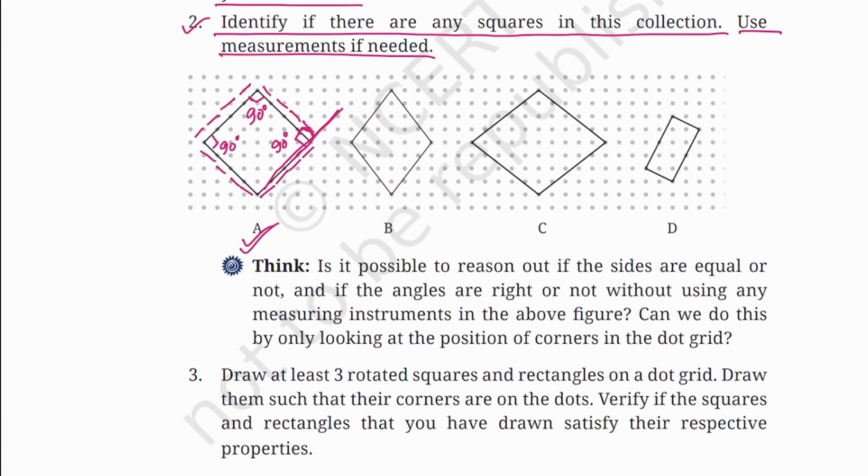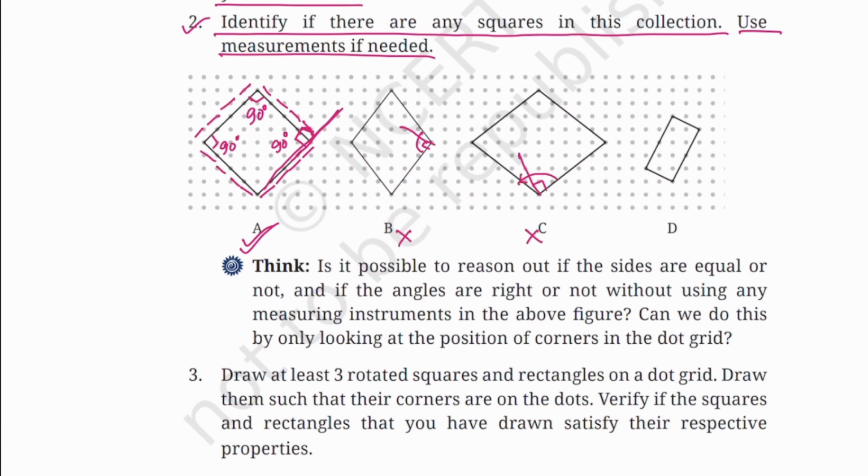In the second figure, you can see the corner angle is more than 90 degrees. So this is not a square. In the third figure, you can see the corner angle is more than 90 degrees.